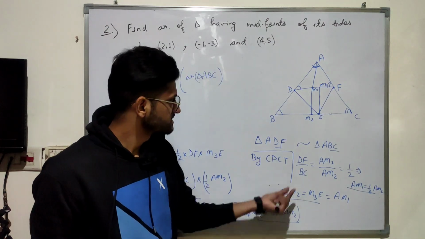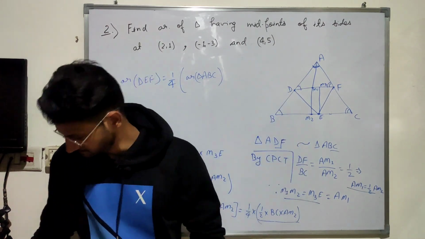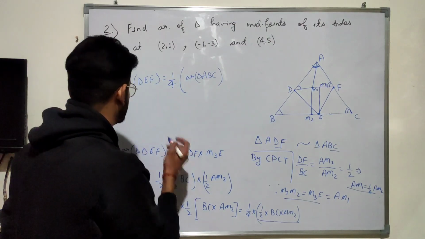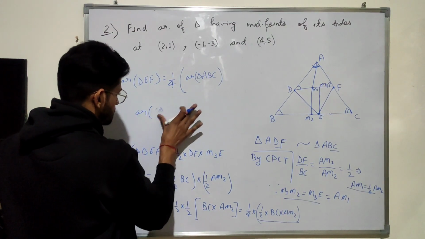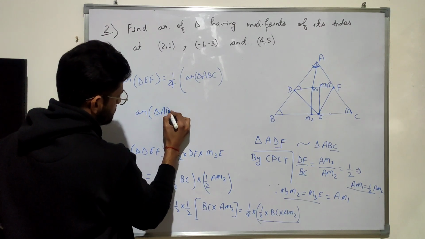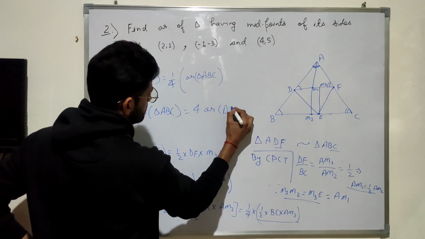Clearly we can see here BC is a base and AM2 is an altitude for triangle ABC. And so finally we got the relation: area of triangle ABC is equal to 4 times area of triangle DEF.